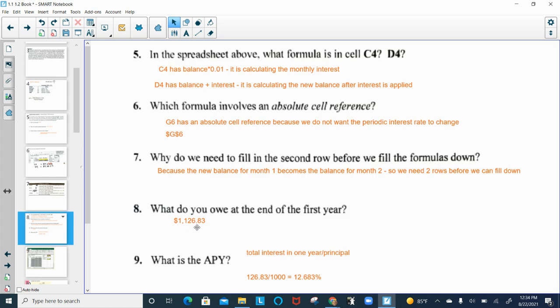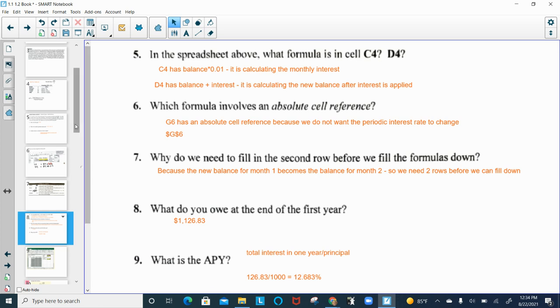Okay, so what do you owe at the end of the first year? And what is the APY? Remember, APY is total interest in 1 year divided by the principal. So we have the total interest, 126.83, divided by 1,000, which was our principal, and that gives you the APY.